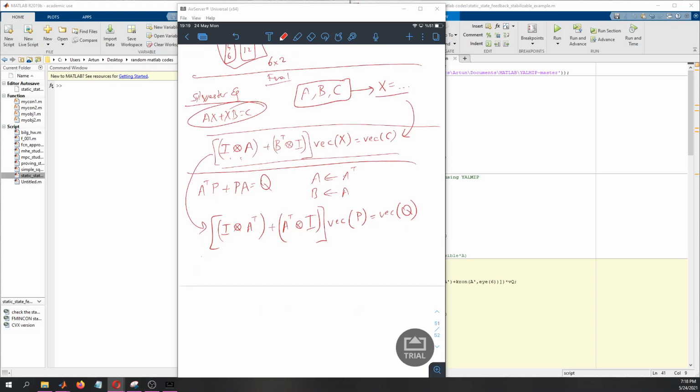So let's now go to MATLAB and check a simple example to show ourselves that this is in fact correct.